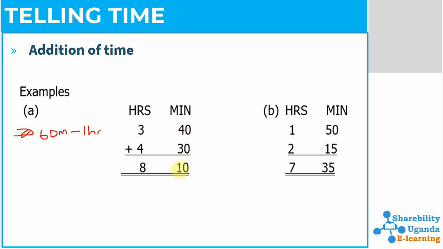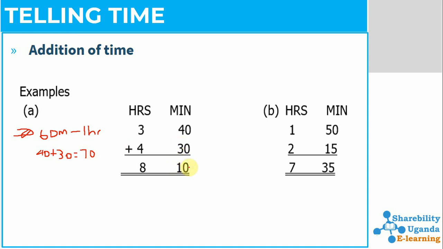Okay, so when we add our 40 minutes plus 30 minutes, what is the answer here? We find out that we are going to get 70.